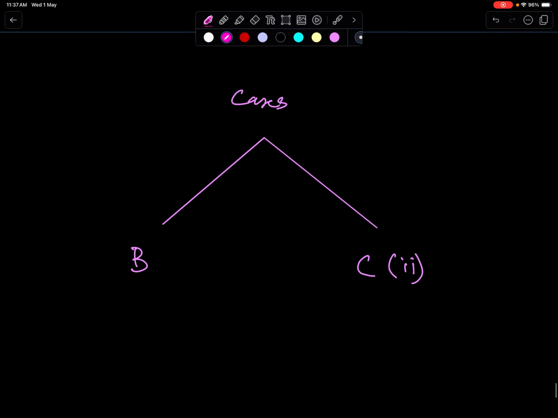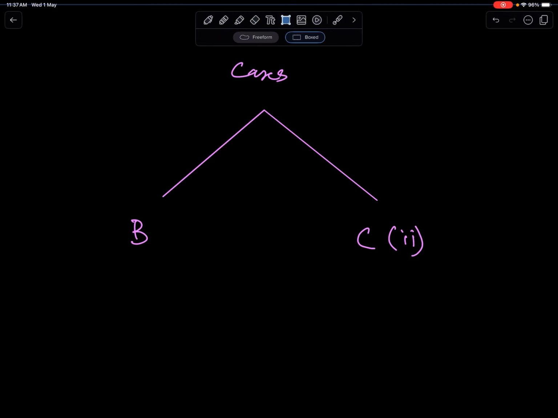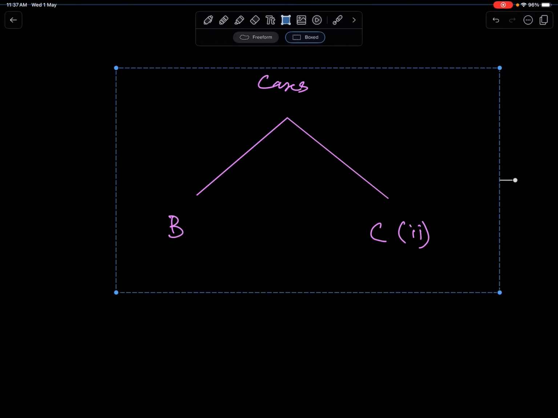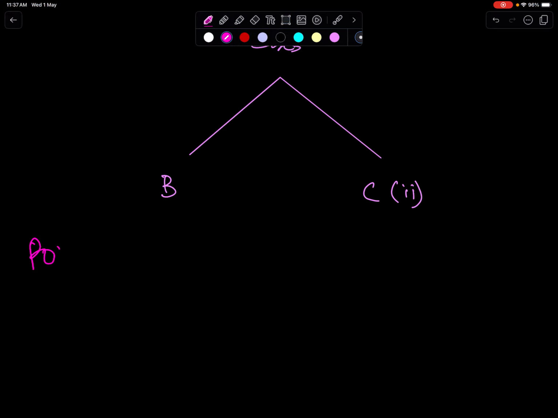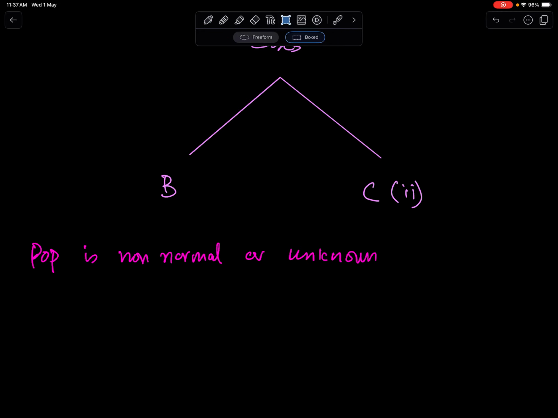Well, in fact in both the cases, population is non-normal or unknown. This is the common thing in both the cases, B and C2.